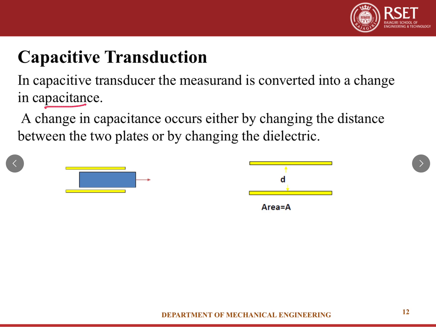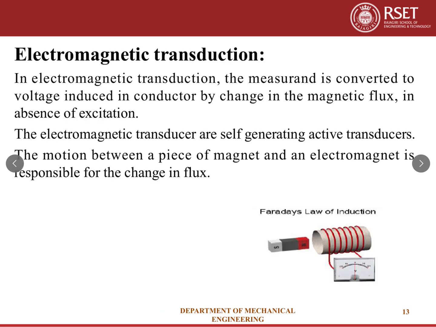By changing the distance between the plates or changing the dielectric medium, there will be a variation in the capacitance. That principle is applied for transduction. So the change in capacitance occurs either by changing the distance between the two plates or by changing the dielectric. That is what happens in capacitive transduction.